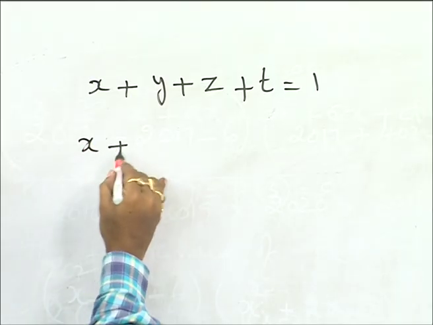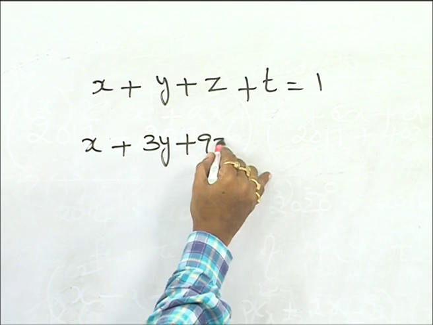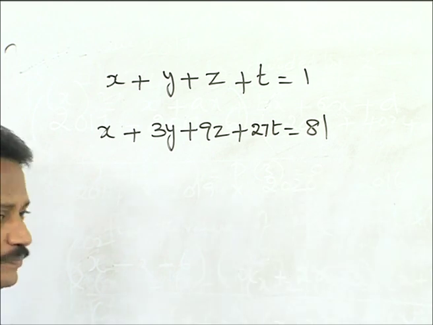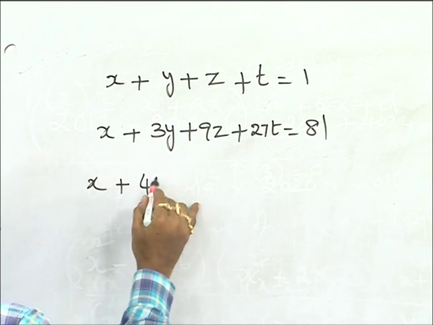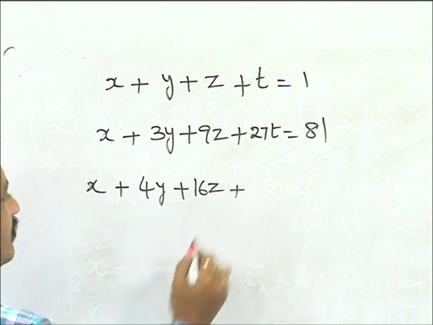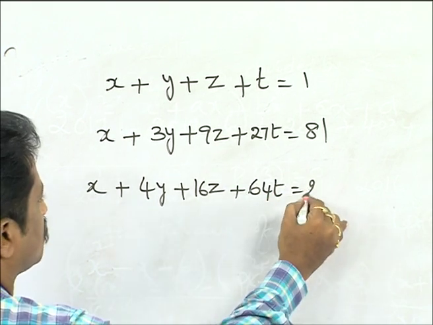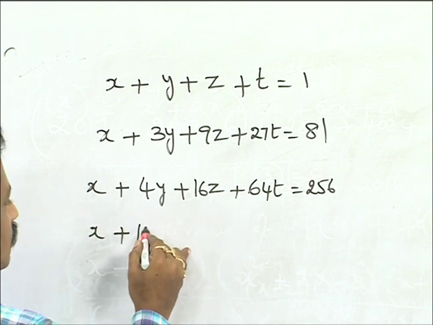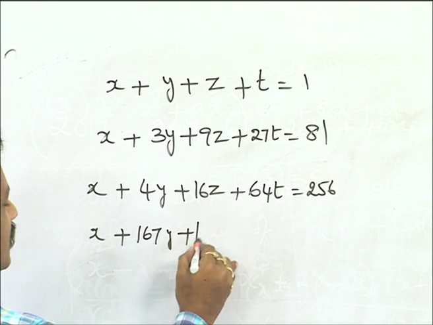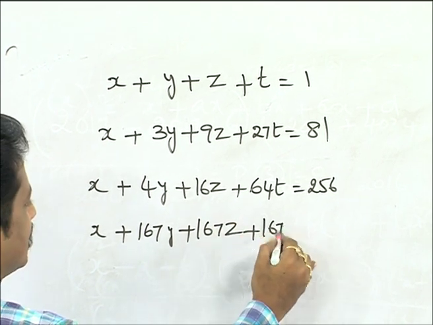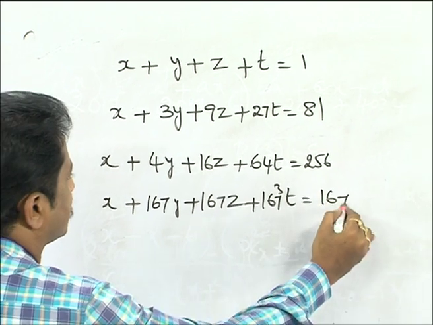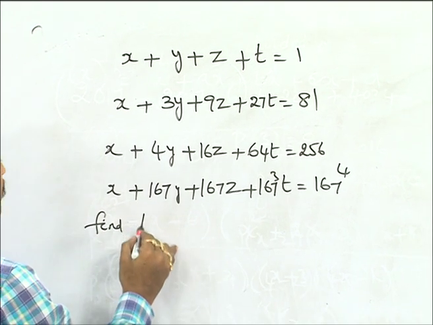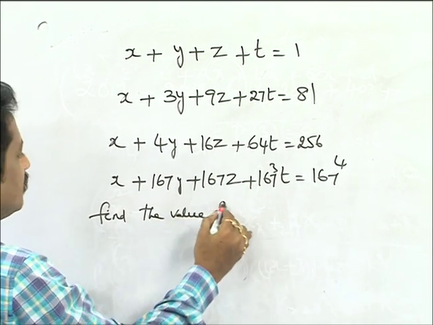Second, x plus 3y plus 9z plus 27t is equal to 81. x plus 4y plus 16z plus 64t equal to 256. x plus 167y plus 167 square z plus 167 cube t equal to 167 to the power of 4. Then find the value of x.